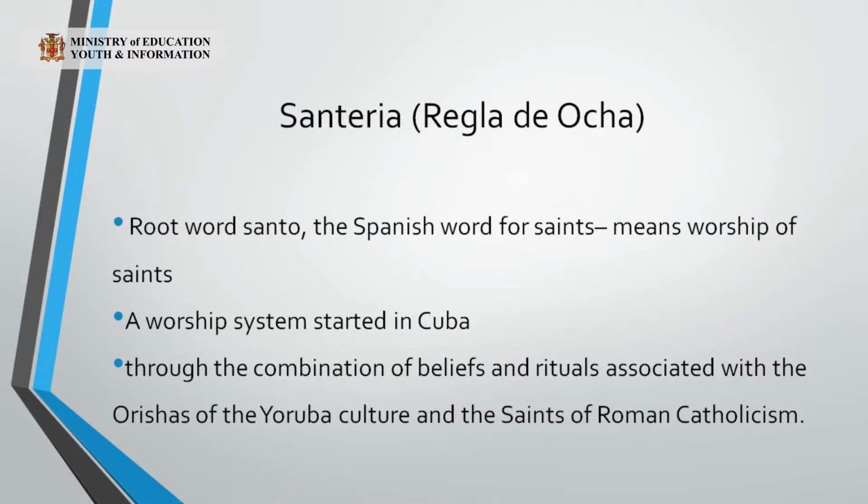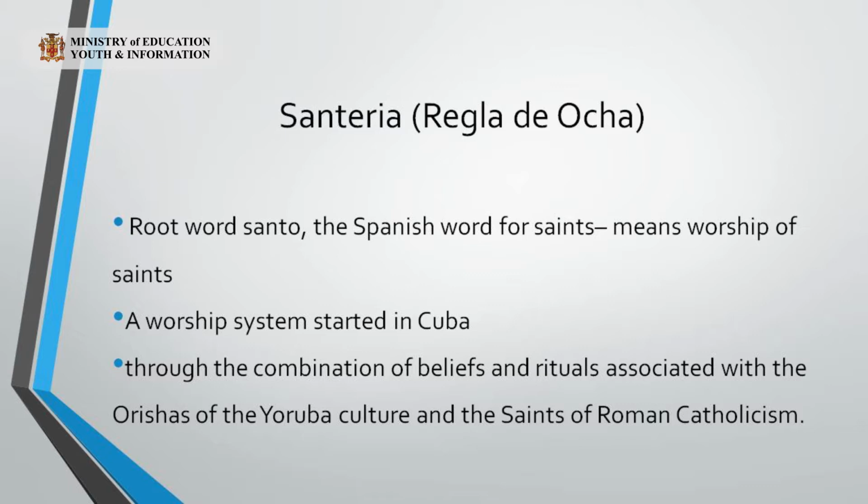So now we come to look at Santeria itself as a religion. Santeria, the Caribbean religion, is also referred to as Regla de Ocha, and that means ruled by the Orisha. You notice that this religion started in Cuba by the name Regla, but some of you are students of modern languages, so you would understand.